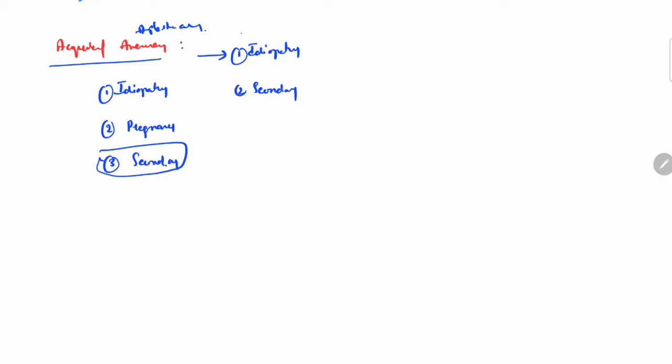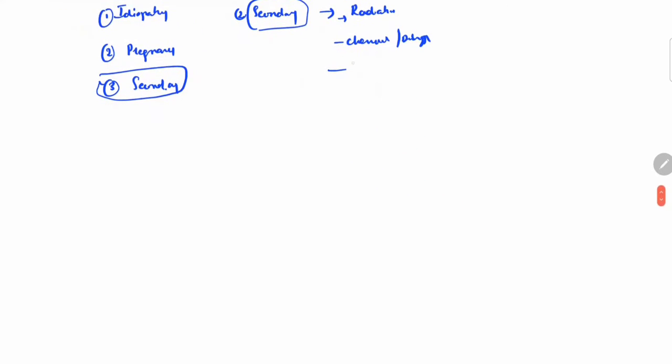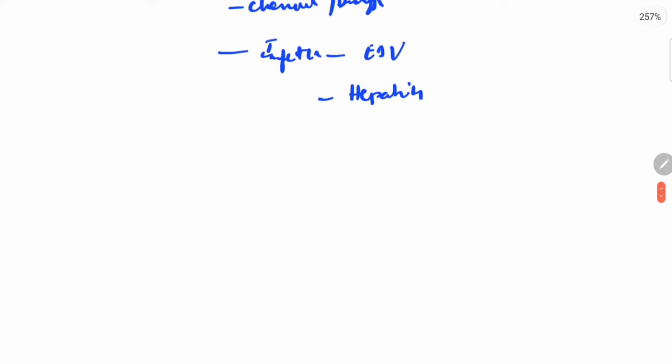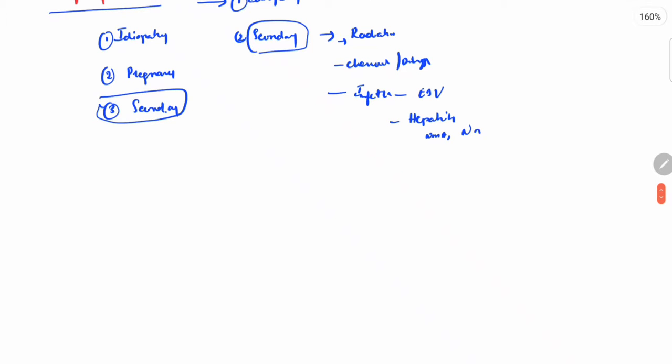So secondary may be due to exposure to radiation or chemicals or drugs or infections like EB virus. Hepatitis can cause pancytopenia and aplastic anemia, which is non-A, non-B, non-C hepatitis infection.